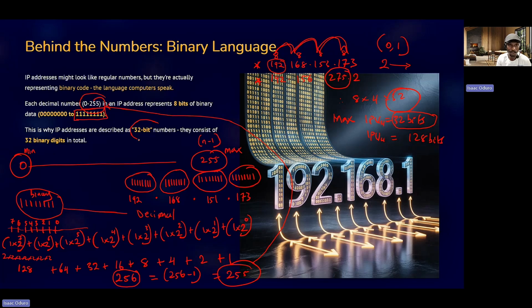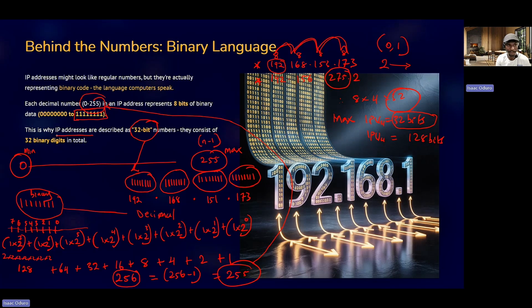Now, why do we have 32 bits? You remember that I said when you divide the IP address into binary, we are going to get 4 different parts. So if you add all these binaries, it will give you what? 32. That is why the maximum bit of an IP address in IP version 4 is 32 bits, as you can see here.